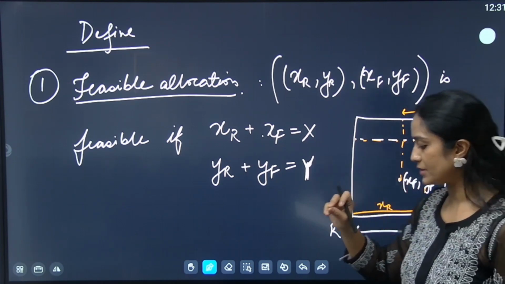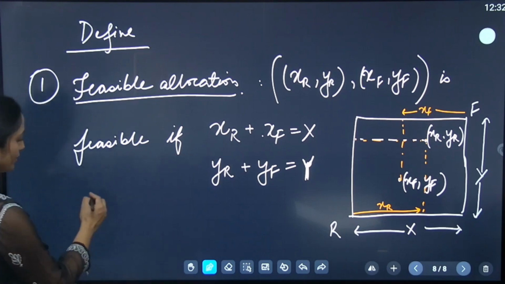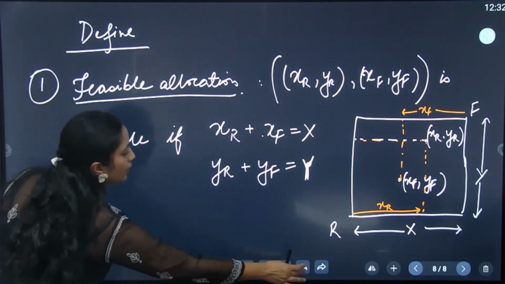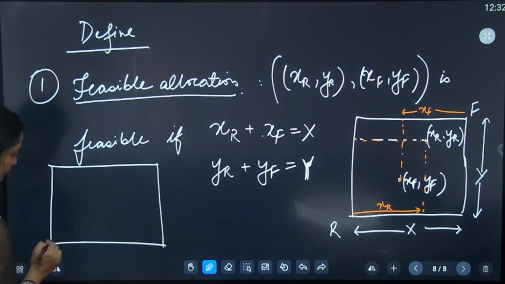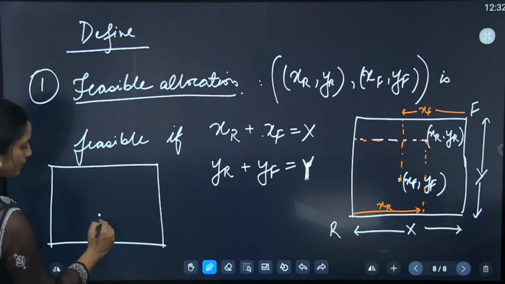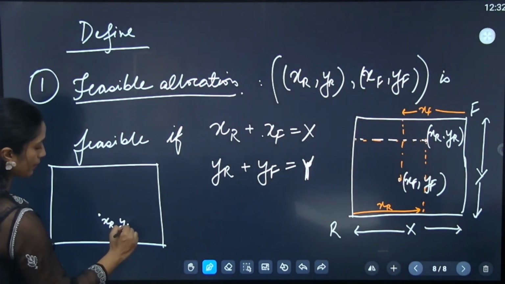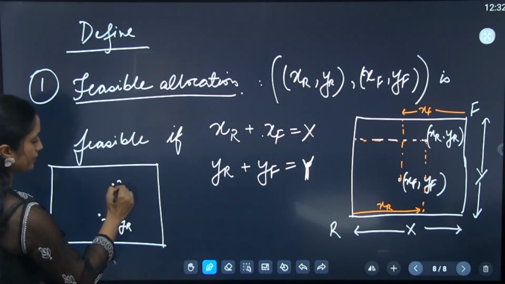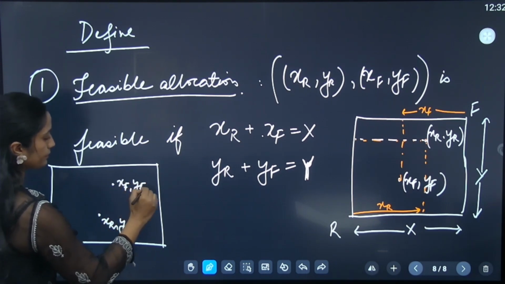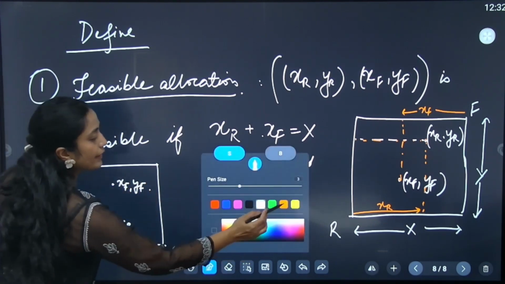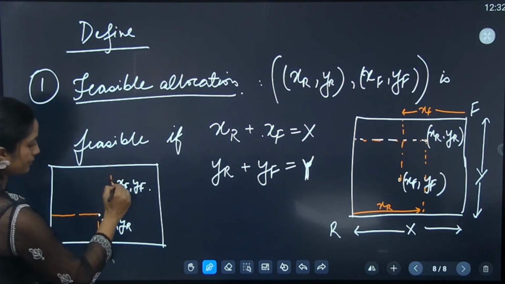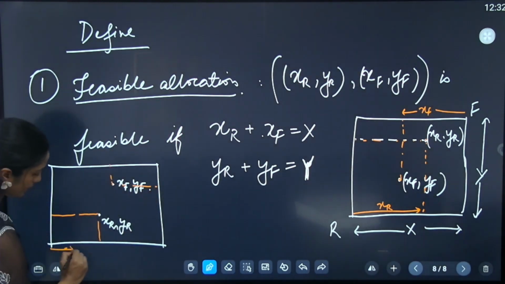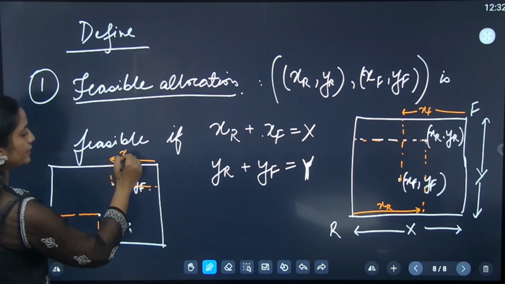The other kind of non-feasible allocation will look something like this. Suppose again, this is your Edgeworth box, where this is the bundle for Rahul and this is the bundle for Fiza. In this case, this is the amount of X that is with Rahul, and this is the amount of X that is with Fiza.